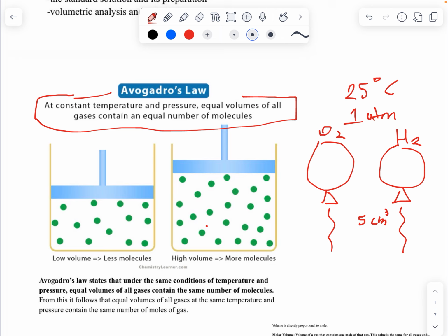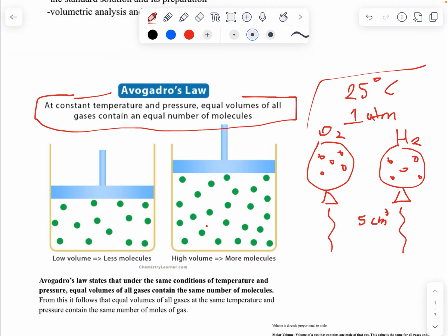Therefore we expect that in these balloons it's going to be the same amount of particles of these gases. So let's say this balloon has 5 gas particles and this balloon has 5 gas particles.